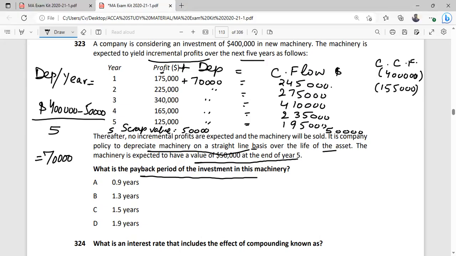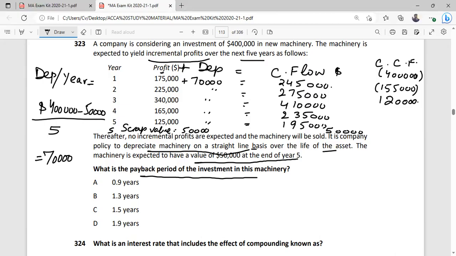Then we have 275,000. So we are in positive with 120,000. So we have recovered what? We have recovered our investment in the second year.